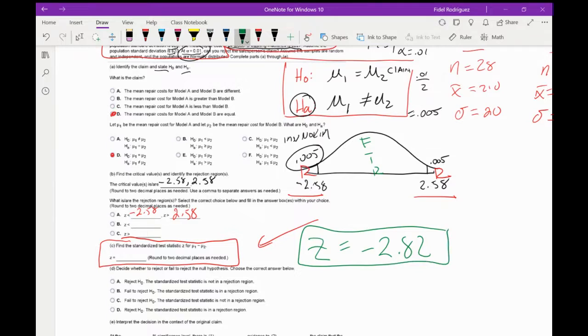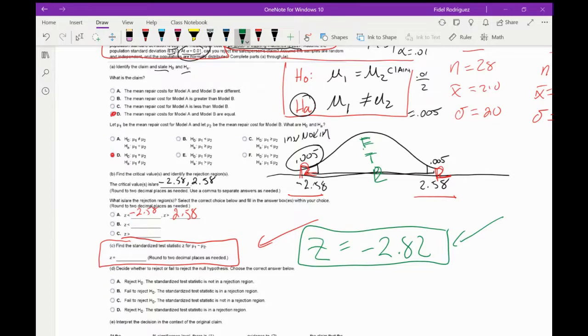So now I need to figure out where that negative 2.82 is going to fall on my number line. Am I going to fall in my reject region, or am I going to fall in my fail to reject region? What do you guys think?